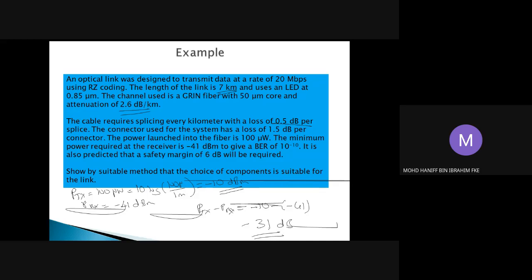Let us proceed with the calculation of the incurred loss in your system. The incurred loss will comprise a few components. The first one is due to the fiber itself, which is 2.6 dB per kilometer multiplied by the length of the fiber, which is 7 kilometers, plus the loss incurred due to your splice.